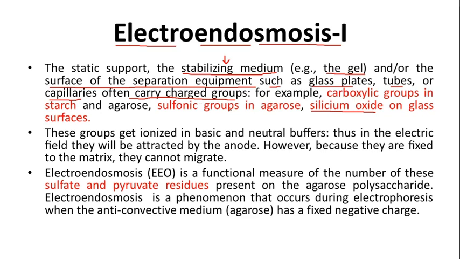If we use agarose as the gel matrix, the agarose pores contain sulfonic groups or sulfhydryl groups. If we use starch as the separating medium, the starch pore surface contains carboxylic groups. These groups already exist and are fixed on the surface as well as inside the pores.